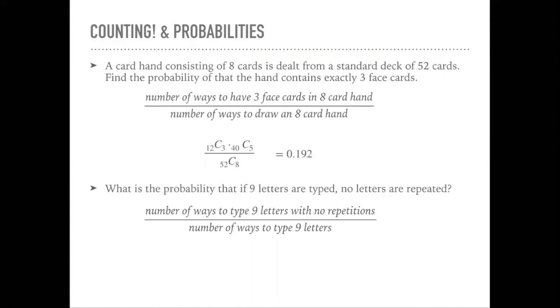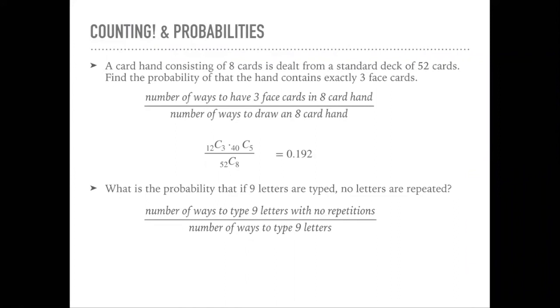Because I don't want repetition, I'm just taking these 26 letters and ordering them. I'm picking and I'm ordering them because typing A then B versus B then A, that's a different way of typing. So the order matters here. So we would have 26 permute 9 for the number of ways to type 9 letters with no repetition.